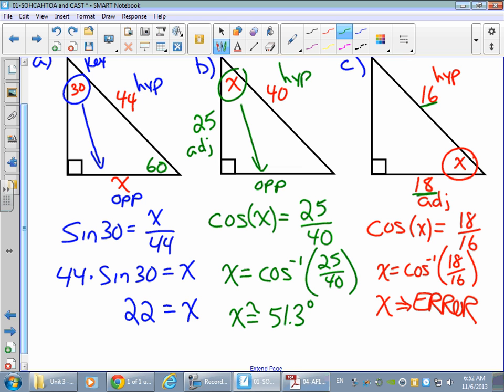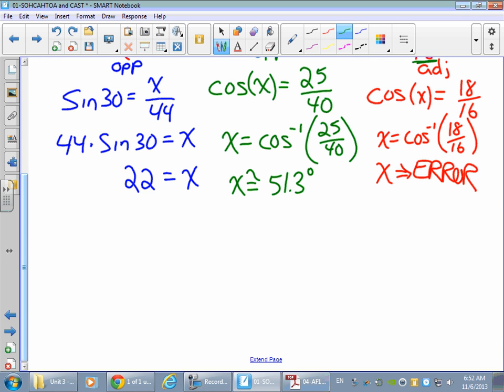And so when I see the error come up, at first I panic, and then I quickly go back to the question and take a look, see what's going on, and recognize that my hypotenuse, by definition, has to be the largest side of the triangle. And so, simply put, this triangle does not exist.